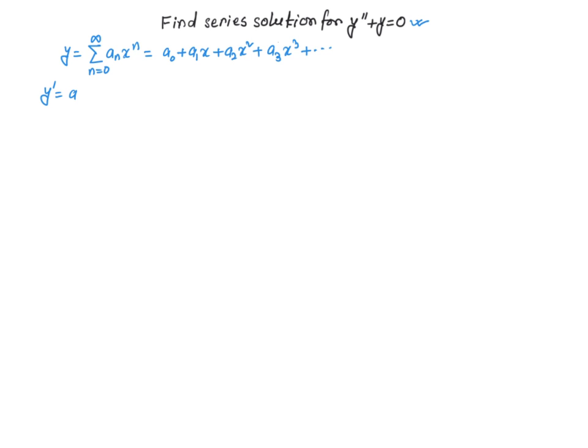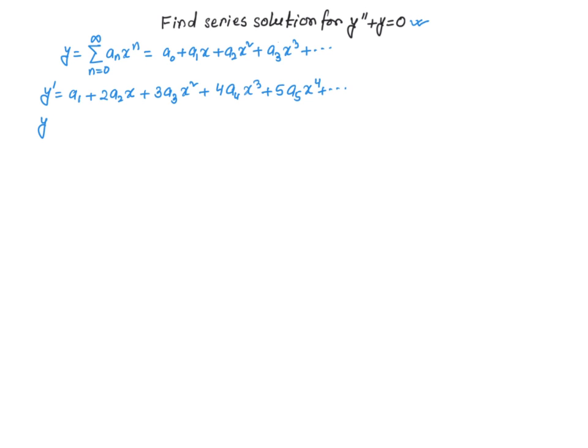So it's going to be a1 plus 2a2 x plus 3a3 x squared plus 4a4 x cubed plus 5a5 x to the power 4 plus dot dot dot.